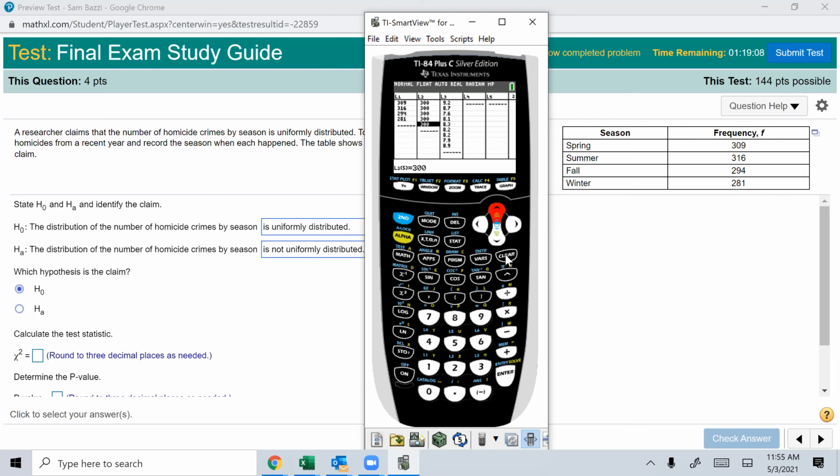Delete this one. One, two, three, four. It's not deleting, so I'm just gonna do it again.